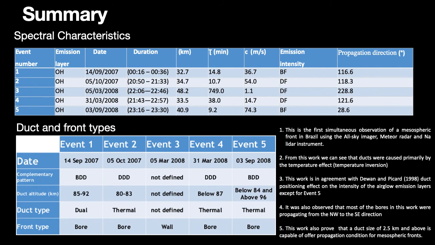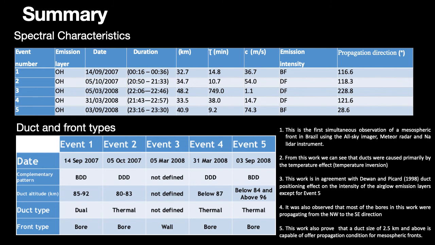The phase speed was concentrated between 10 and 74 meters per second, and most of the waves are propagating to the northeast, to the southeast of Cachoeira Paulista.